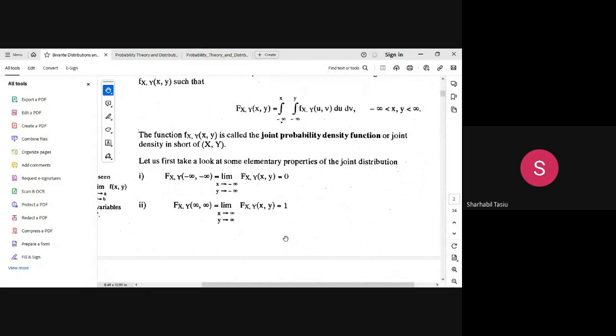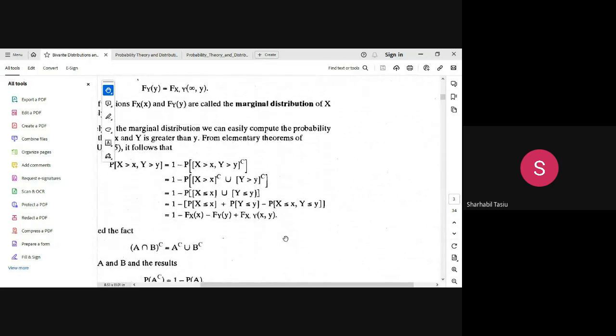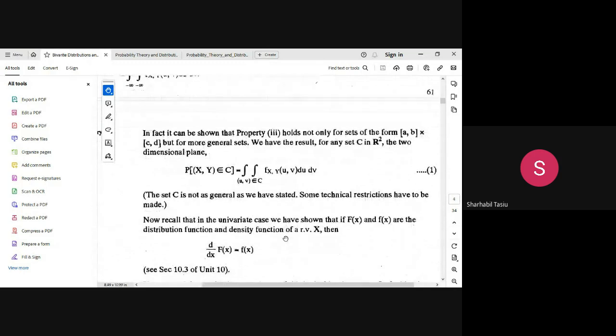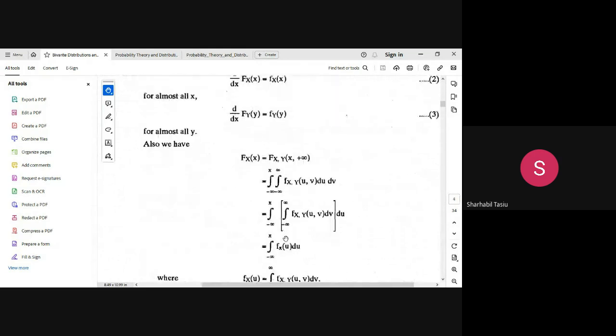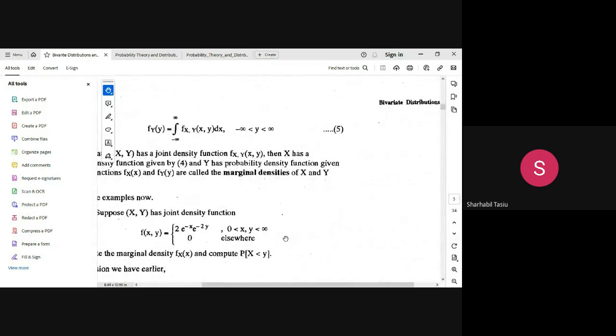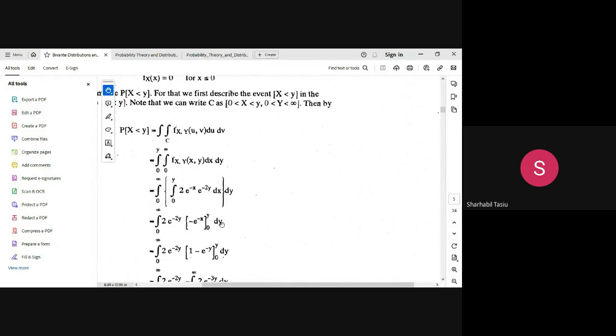We also performed some calculations, and for the marginal, we have this expression. I'm trying to navigate to where we have the moments so that we'll just look at the moments.